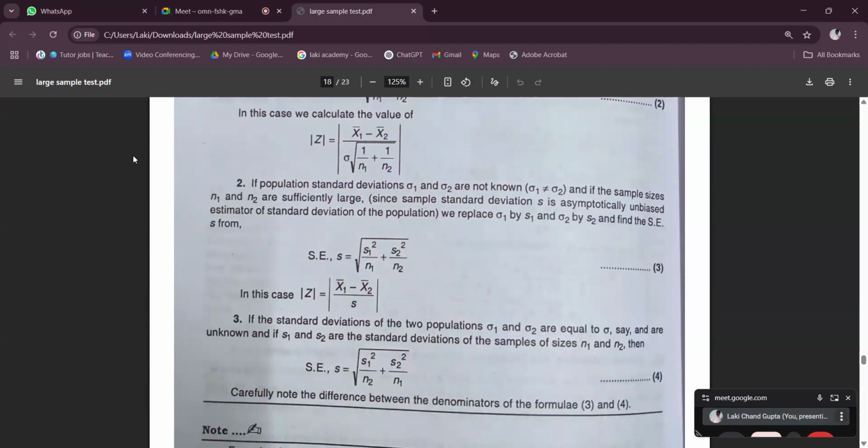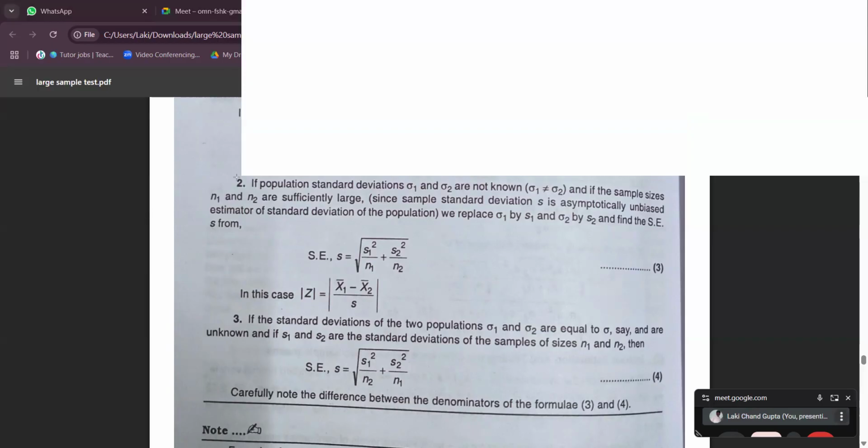Right here, for two sample test, and both samples are large samples. So the common standard deviation will be S1 square upon N1 plus S2 square upon N2.